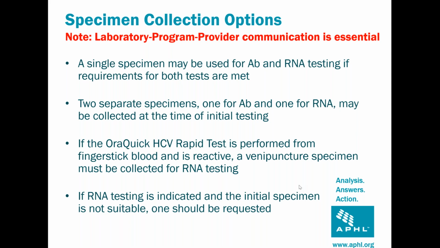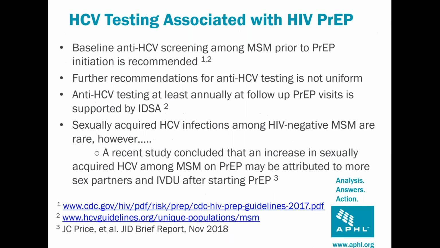They need to know which test you use in the algorithm and be able to disseminate that to your county health departments or your other providers, so that we can avoid having to go back and say, well, the screen was reactive, but we need another blood draw for our confirmation, and we're missing times that we could link people to care. Next slide, please.